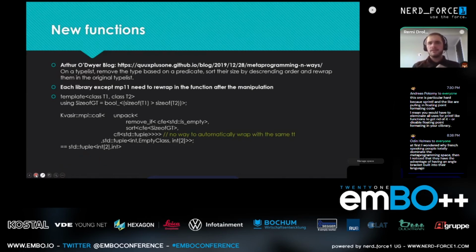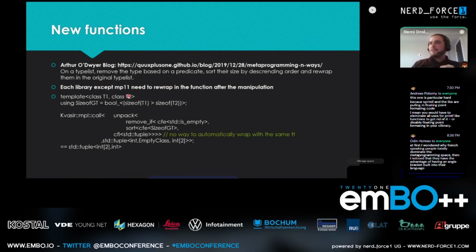In the case of a type list, you want to remove the types that are empty, use a predicate to sort them by their size in decreasing order, and rewrap it inside the original type list. Only MP11 and Anna were able to do it, but MP11 doesn't have continuation or composition in my case. And Anna is a whole other beast that I don't want to get into.